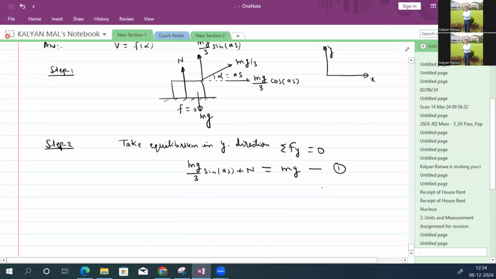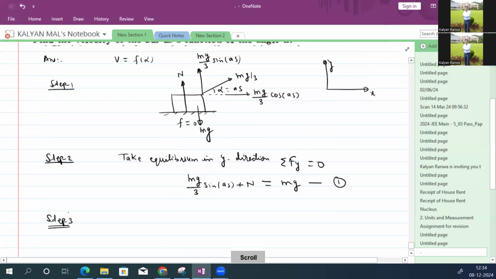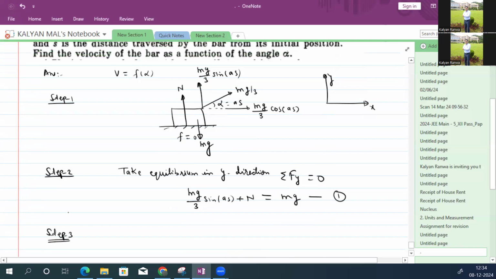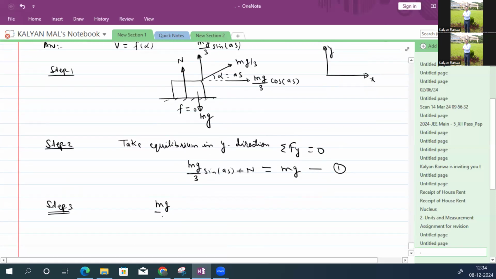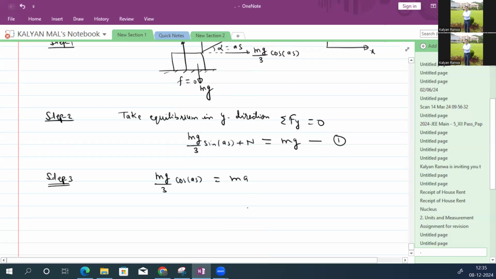Now step number 3. In step 3, we will use the horizontal equation. Here we see that only mg by 3 cos as is the force acting on the body in the x direction. So mg by 3 cos as is equal to the mass into the acceleration. So we need to calculate the velocity.